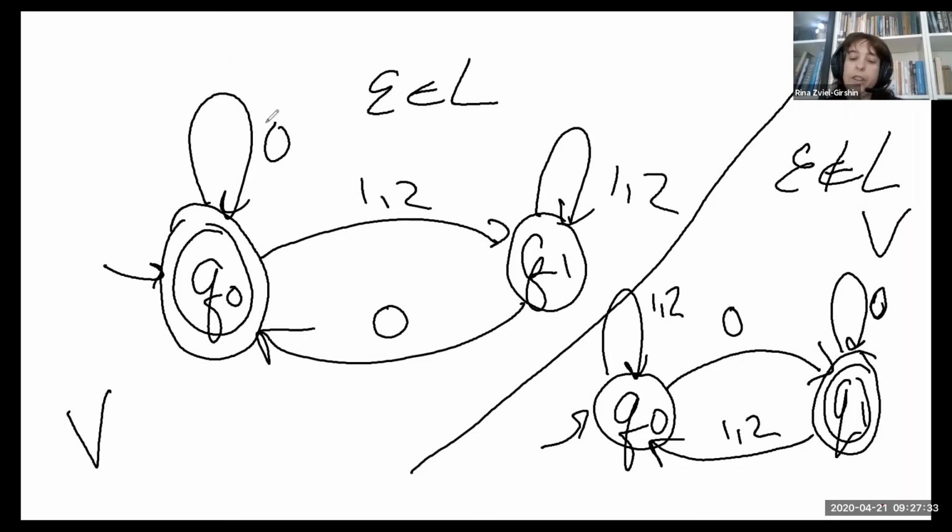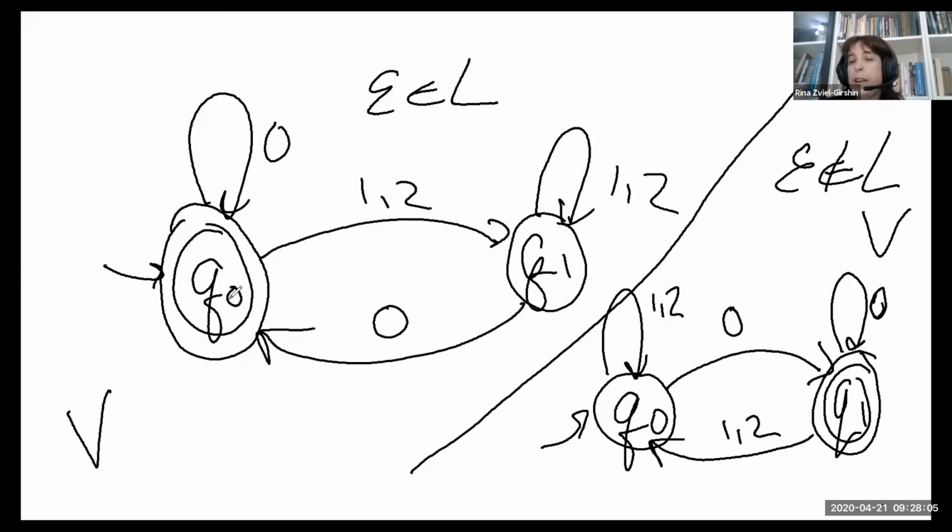Then if I have additional zeros, I stay in Q0 because now I have words ending with 0. If I have 1 or 2 and the word is finished, I move to Q1, a rejecting state, and I stay here with 1 and 2. When I get a new 0, I move to Q0. If I finish reading the word, I accept it because I'm currently in Q0.